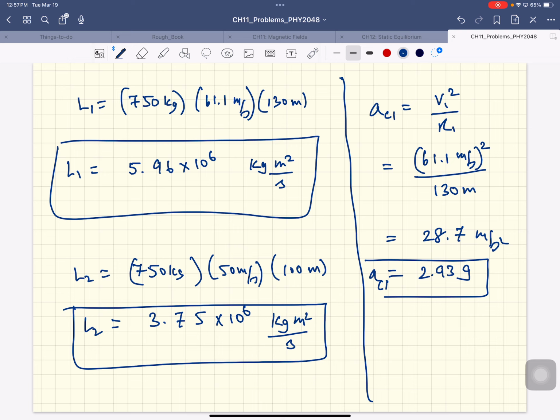So that's pretty amazing. The driver is being pushed toward the center of the circle with 3 times his or her body weight. Okay, 3 g's, that's pretty good. All right.